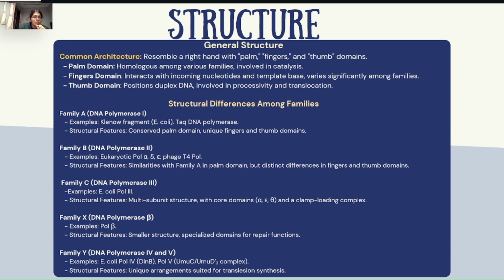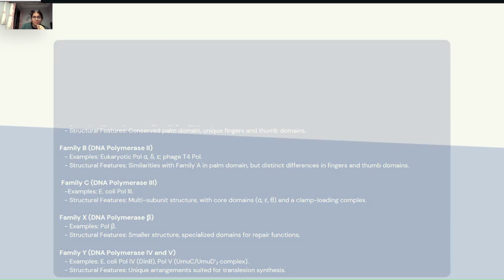The structural feature is that it's a smaller structure compared to the other families and has a specialized domain for the repair function. Then there is family Y, which has a very unique arrangement suited for translesion synthesis.